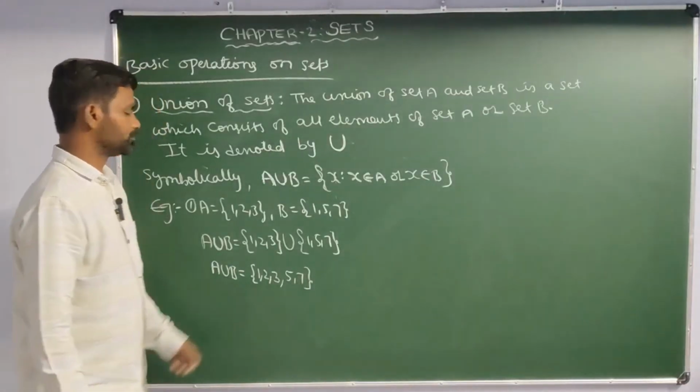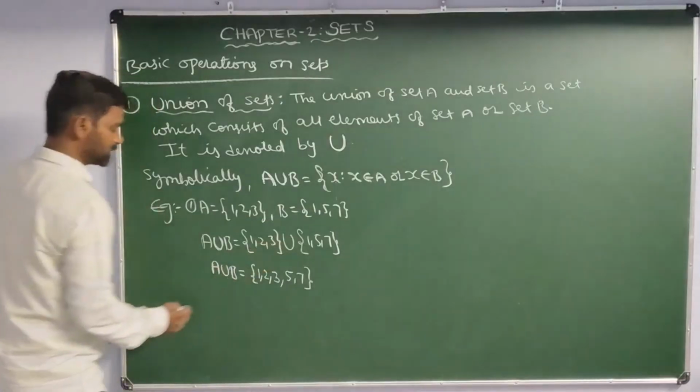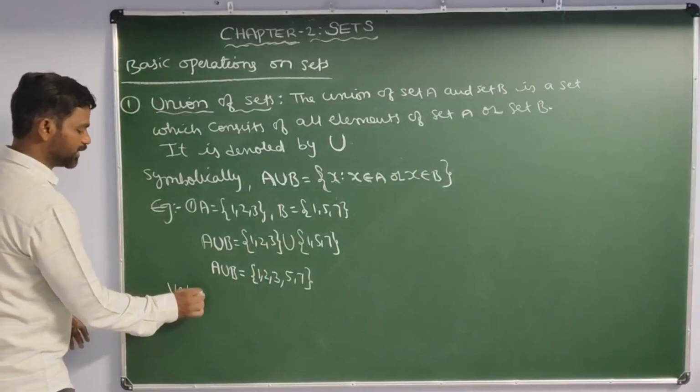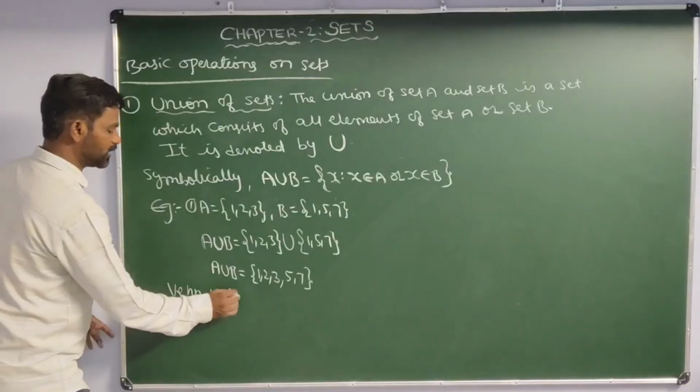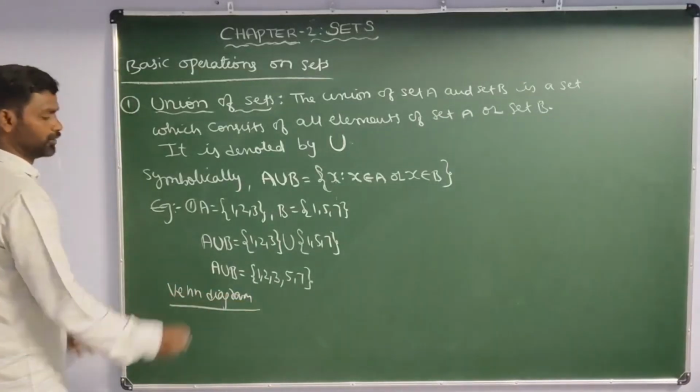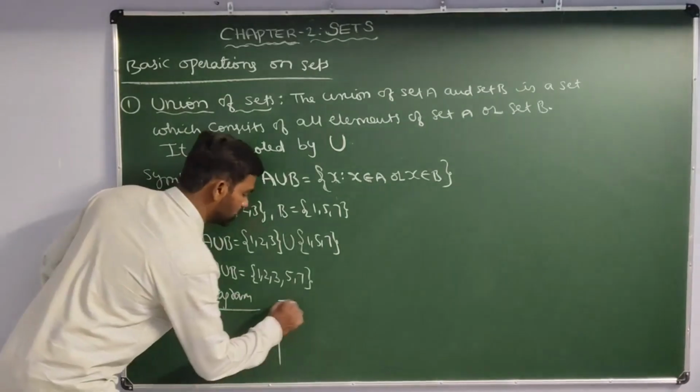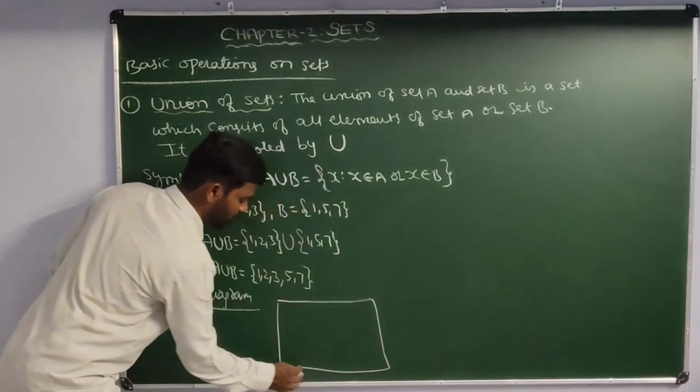Now if I want to represent this in a Venn diagram, how do we represent it? First of all, we have to draw one rectangle.